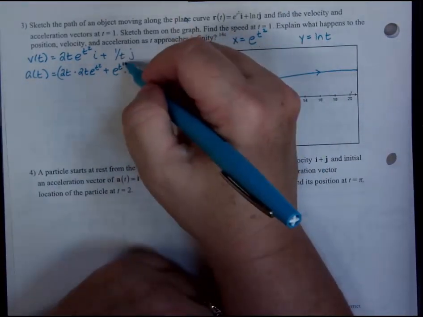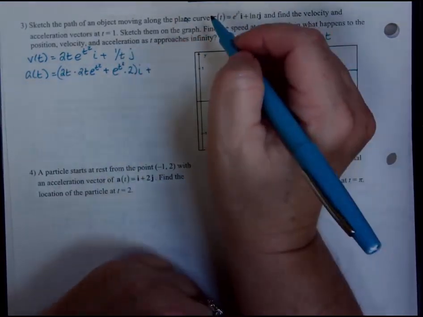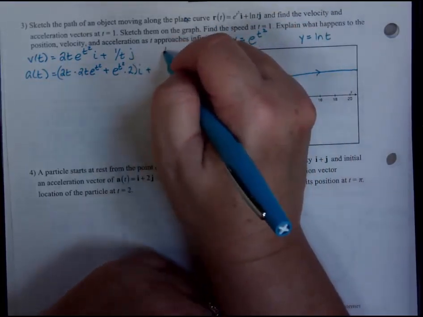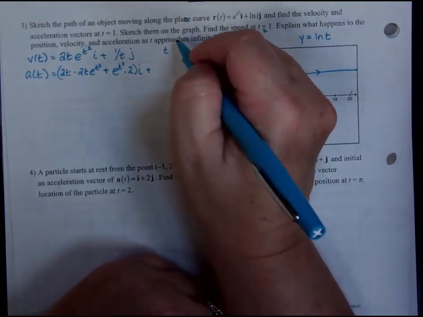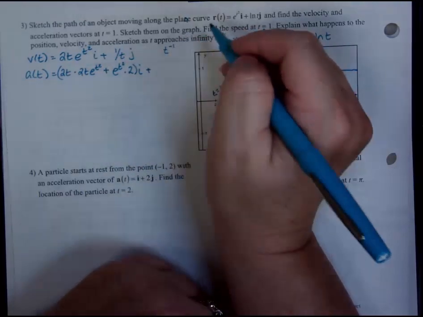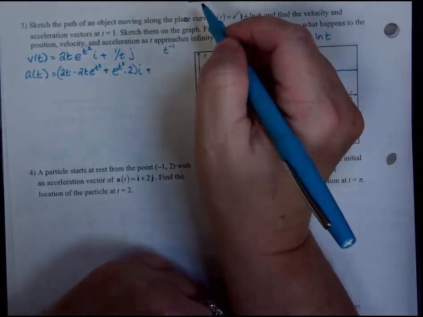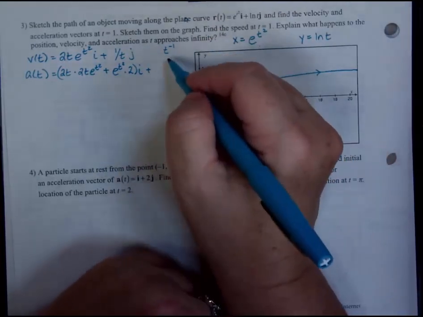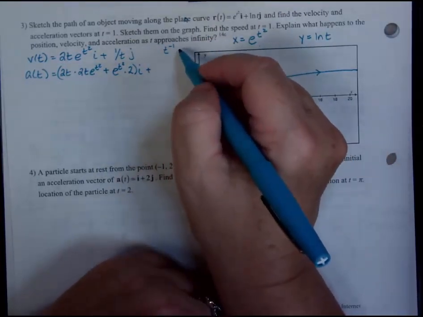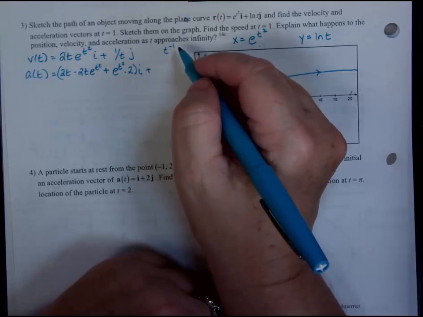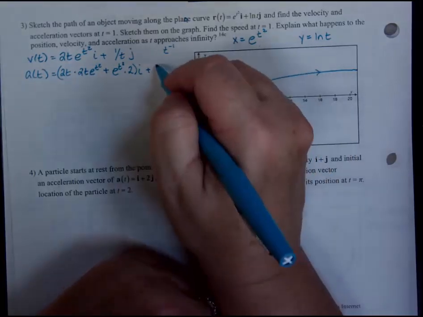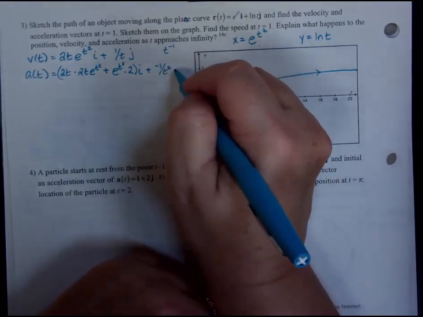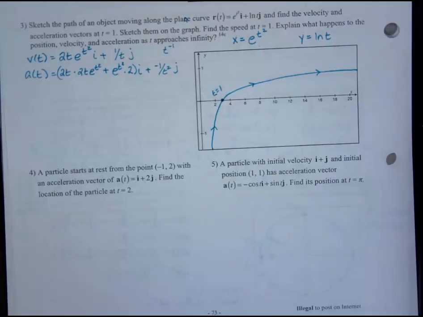Plus, be careful. Is it 1 over t? No. How can I rewrite that with a negative exponent? t to the negative 1 power. So take the derivative of that. Negative 1 t to the 0 or negative 2? Negative 2. So negative 1 over t squared is my j.